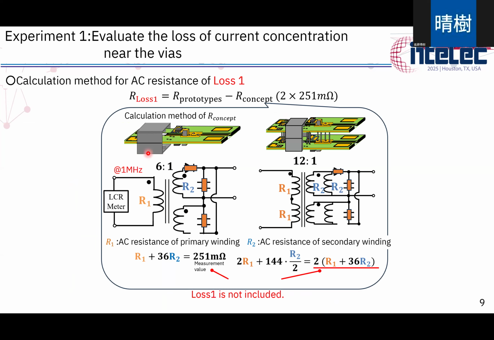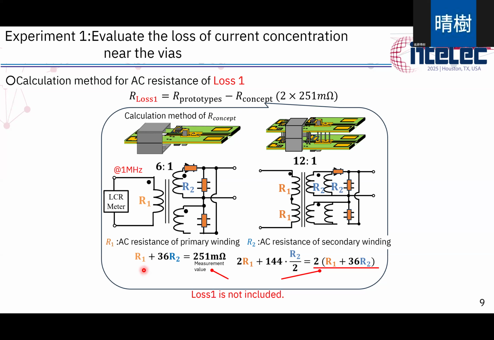And this is the calculation method of our concept. First, we measured a single PCB transformer like this, and we defined R1 and R2 as the AC resistance of the primary and secondary windings.